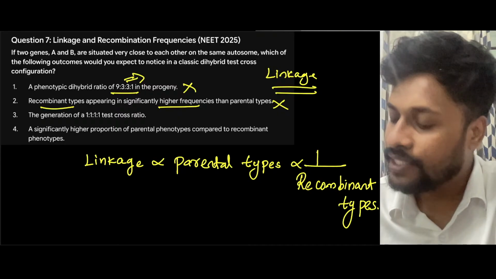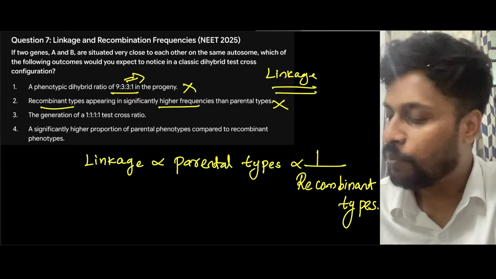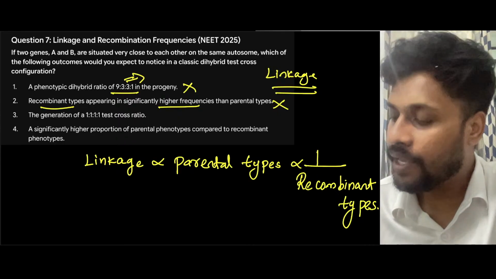Means if linkage is more, parental frequency will be more. Recombinant frequency will be less.